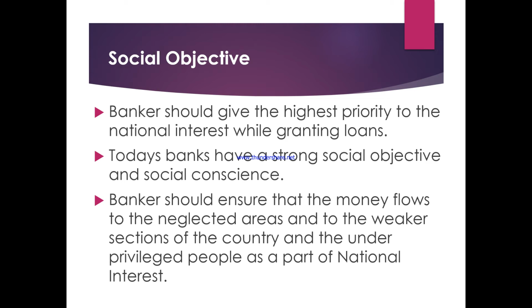The banker should ensure that the money flows to the neglected areas and the weaker sections of the country and the underprivileged people as a part of national interest. So these are the social objectives that bankers have now developed due to the cause of national interest. That's the reason India nationalized its major banks, and now we have national banks.